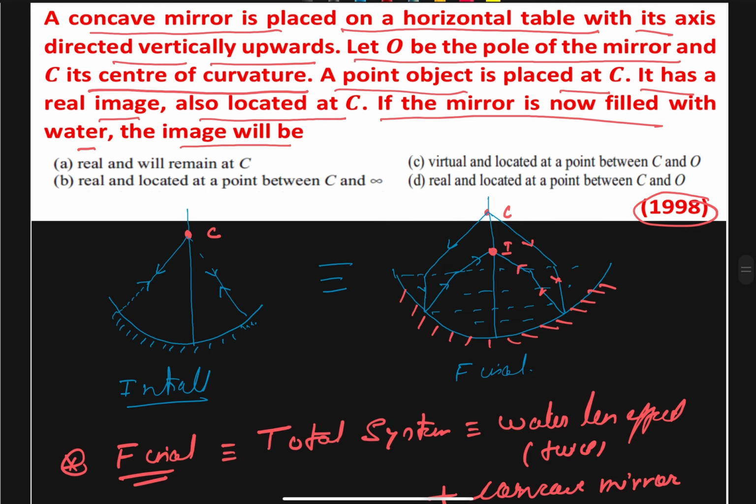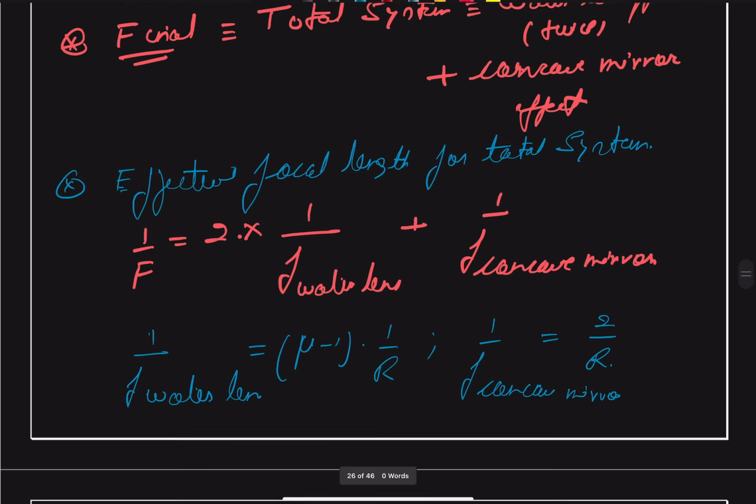So it means if we have the pole at O, so this is O, there will be an image that will be between C and O, okay, and it will be a real one. So option D is correct.